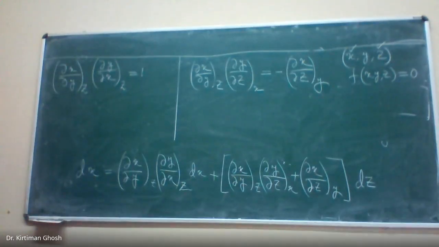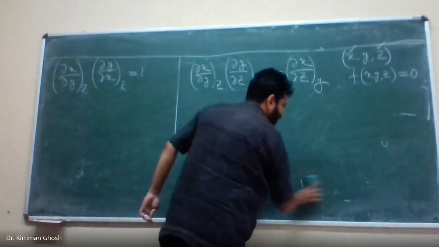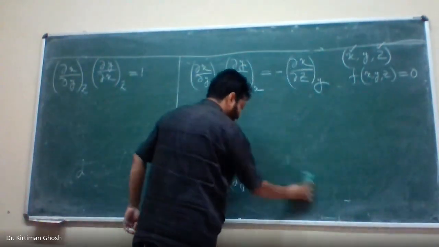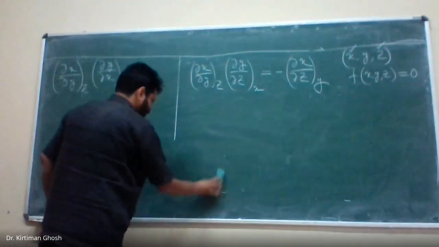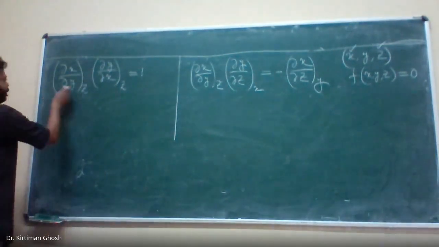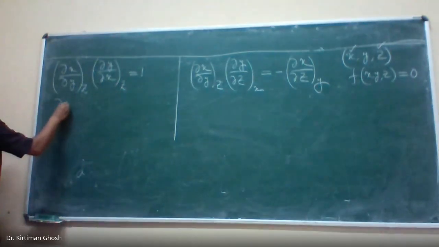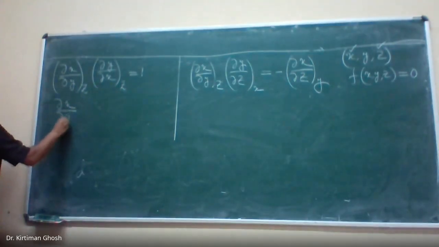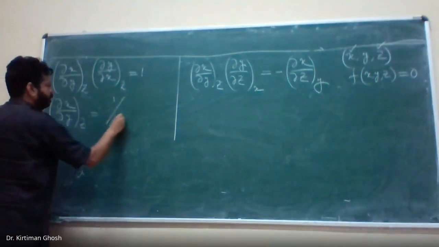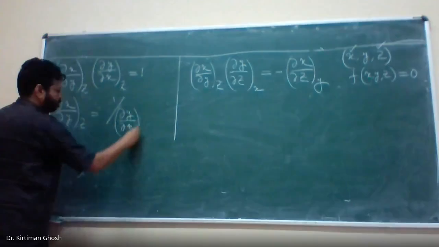theorems in partial differential calculus. They have several consequences, and we will use these theorems quite heavily during this course. From here you can say that del x by del y at constant z is the same thing as 1 by del y by del x at constant z.